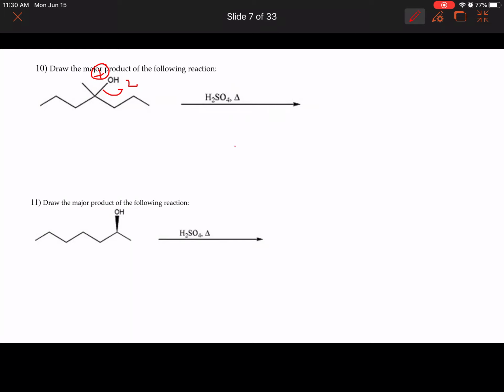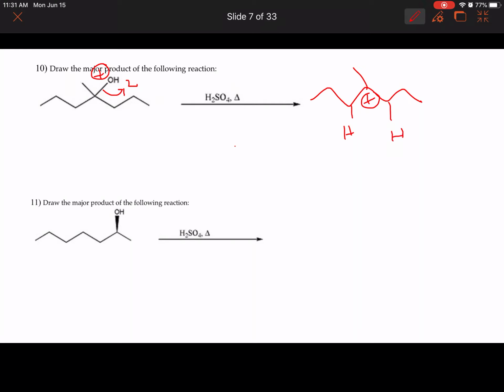Right, in the presence of acid, OH is going to always protonate, and that will end up giving us this molecule. This is the carbocation. Okay, so this is a symmetrical molecule. You have hydrogen here, or you have hydrogen over here.